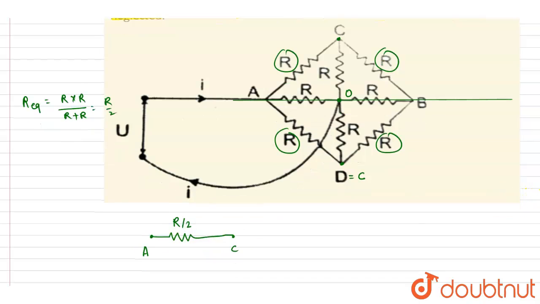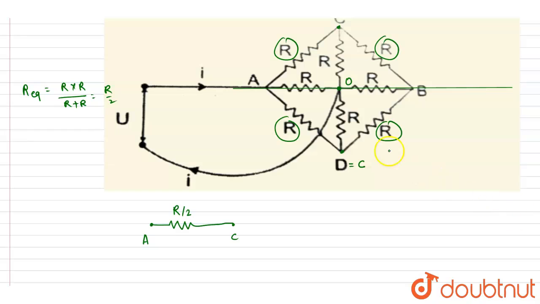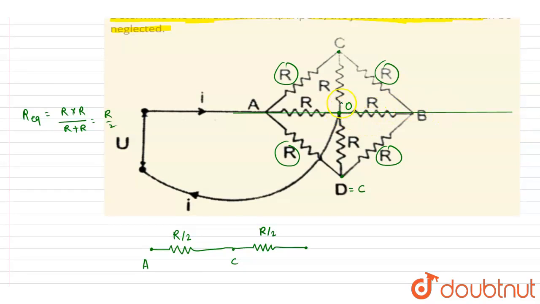Now between B and C there is again a resistance of R by 2. So let's say this is B point. So here also resistance is R by 2. And between O and C, between O and A and between O and B, resistance R is there.